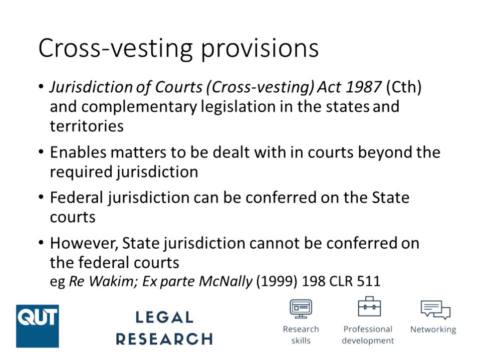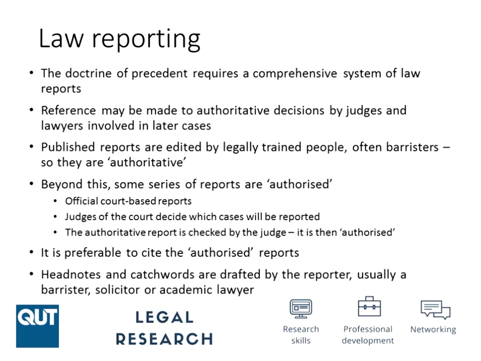Federal jurisdiction can be conferred on the state courts, so a federal matter, a Commonwealth legislation matter, can be heard in the state courts, but not the other way around. There is one case from 1999 which explains a lot of this in detail, so if you wanted to understand a little bit more, there is a case for you to look at where this is discussed before the courts.